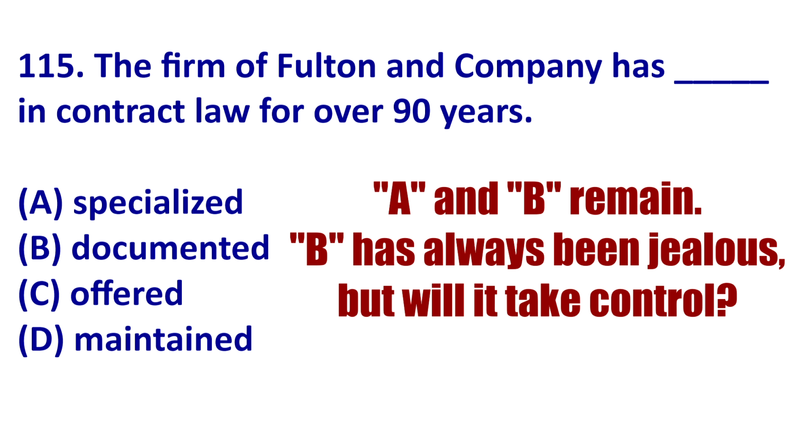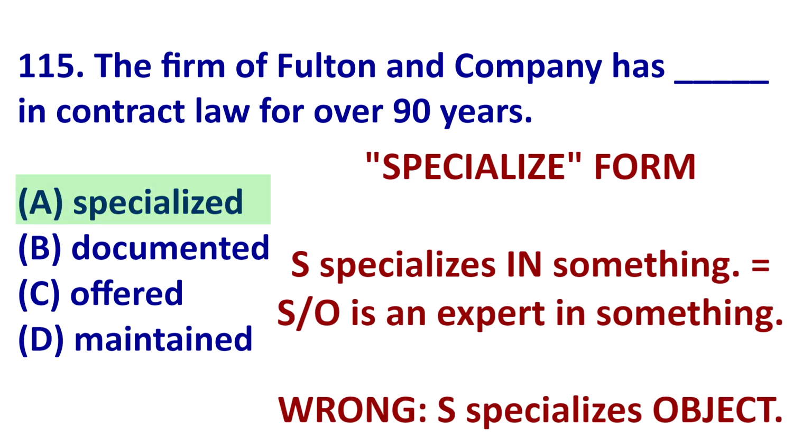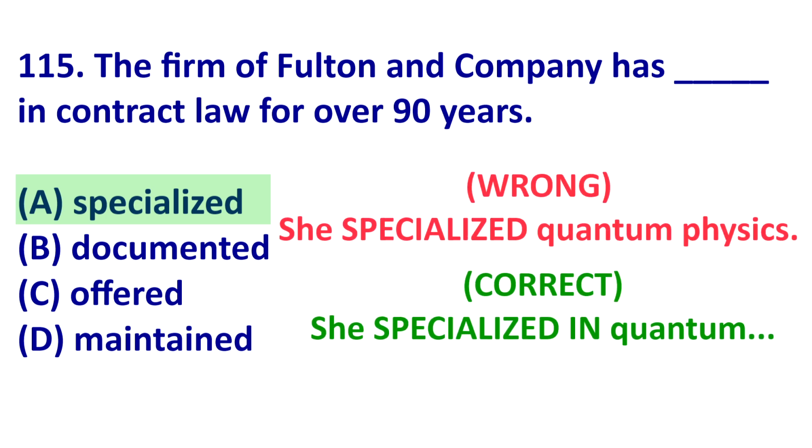Now we have specialized and documented. When you use specialize, that means you focus on something. You become an expert in something. The form is somebody specializes in something. It does not have a direct object. So if I said she specialized quantum physics, this would be wrong.